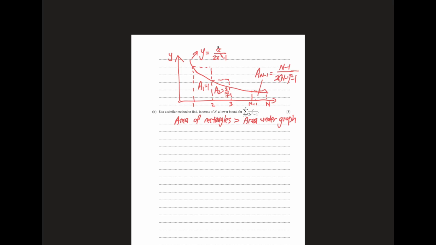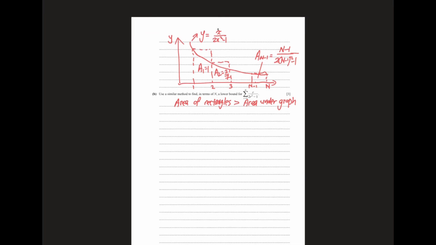So the way that we build up the series of areas is different for this scenario. So we have 1, 2 over 7, and so on until n minus 1 over 2(n minus 1) squared minus 1. So the integration is the integral from 1 to n of x over 2x squared minus 1 dx.